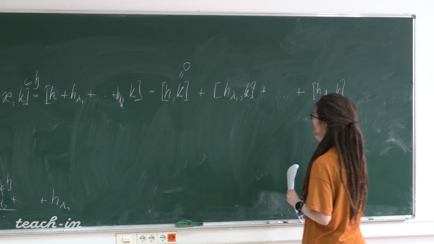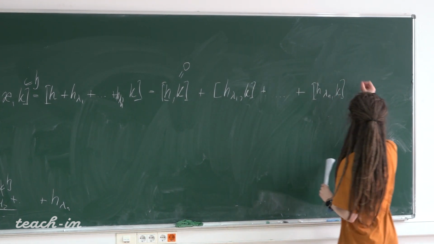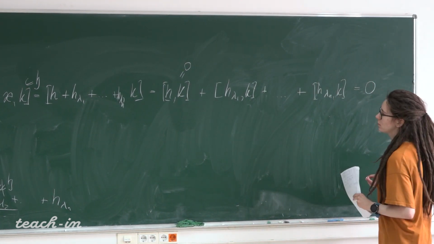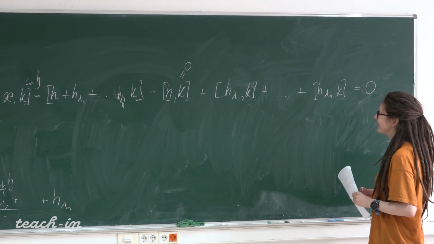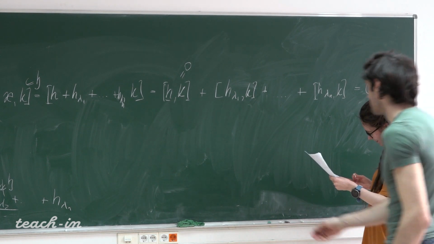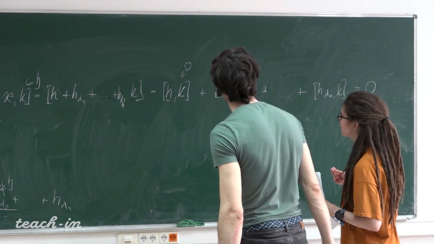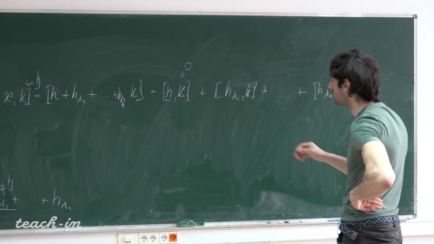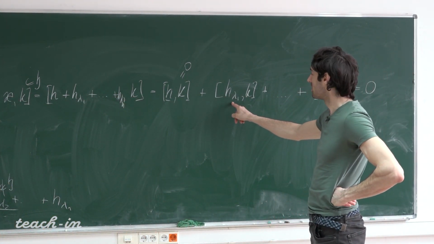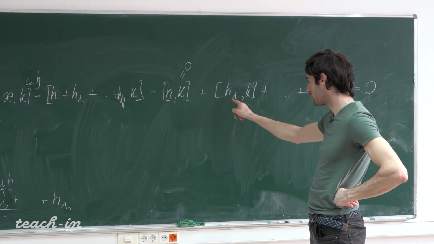So that also will be 0 and everything is 0. Wait, not so fast. So what is this guy, h lambda 1? I claim that this is some multiple of h lambda 1 as well.